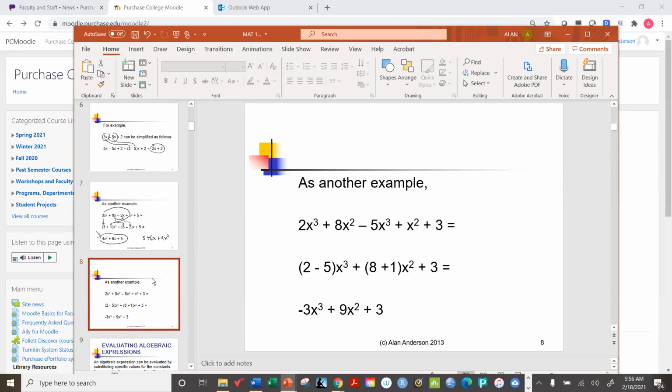Ooh, look at this one. We've got like terms here, like terms here. The constant is still by itself. So we consolidate the x cubes and the x squares.